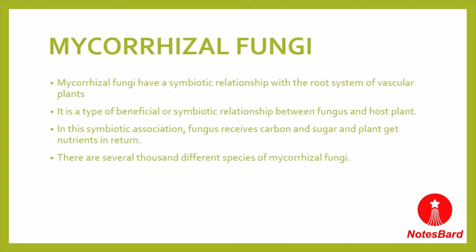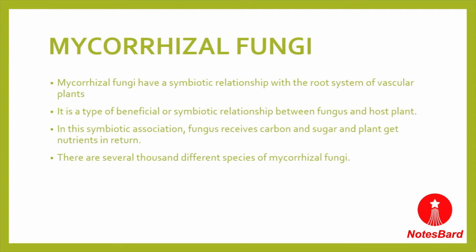in a symbiotic association. In this symbiotic association, the plant gets essential nutrients like phosphorus and many other nutrients from the fungi, and besides this the fungal cell gets carbon and sugar from the plant.